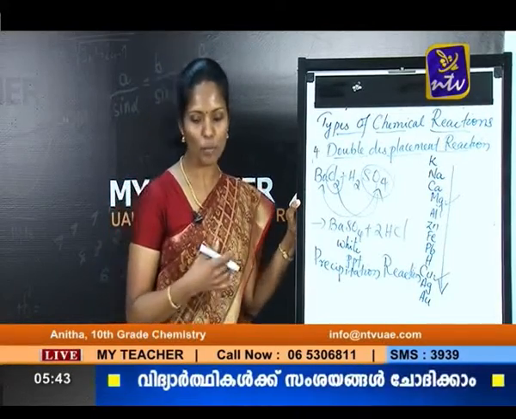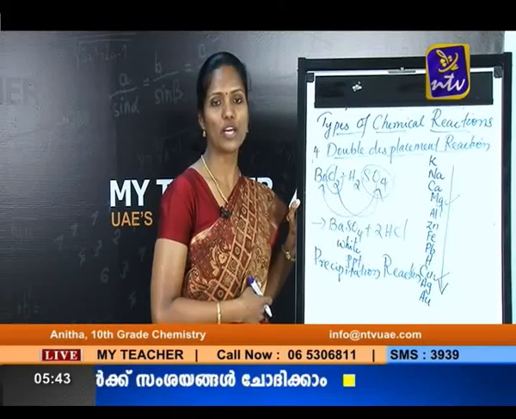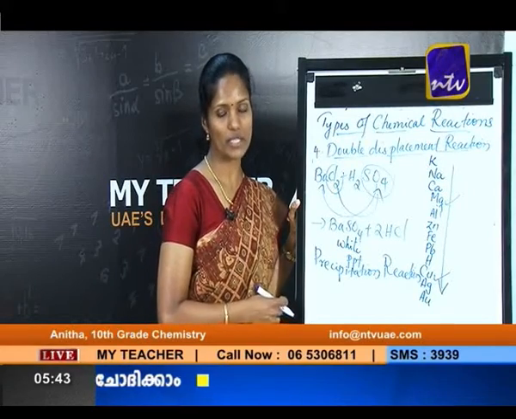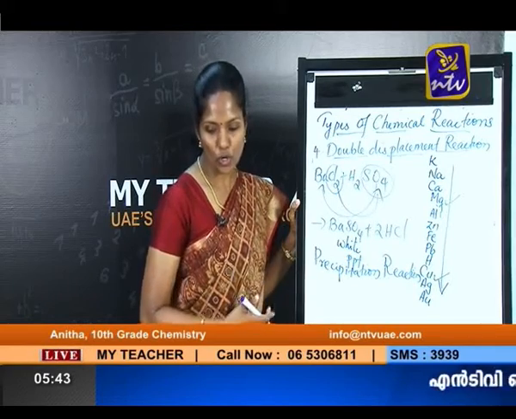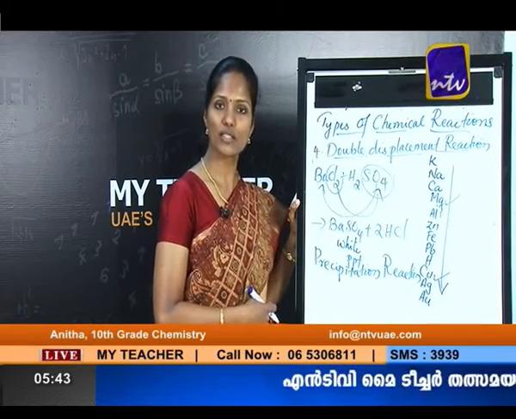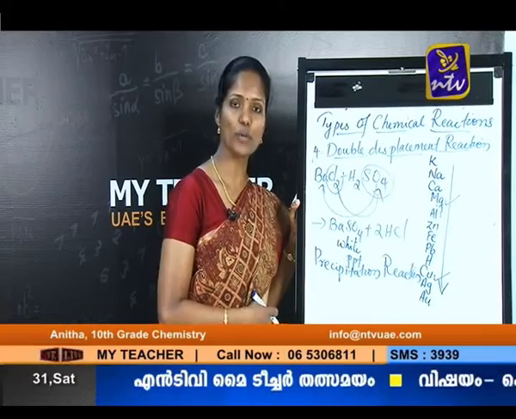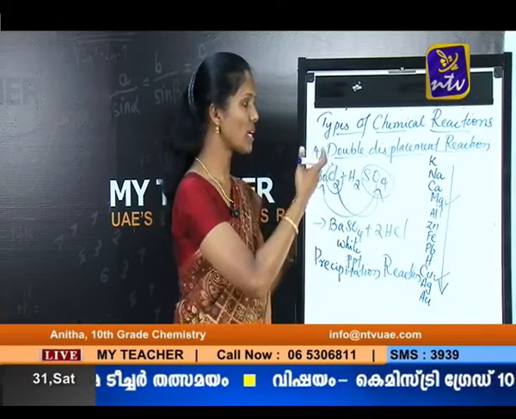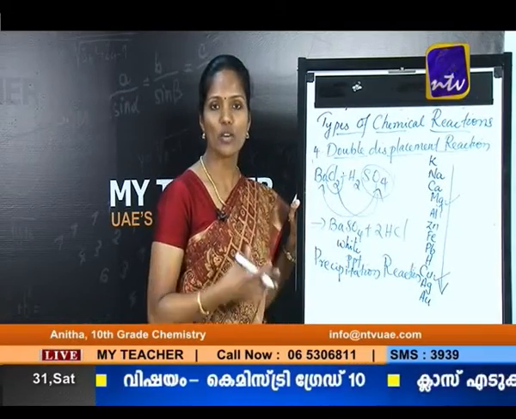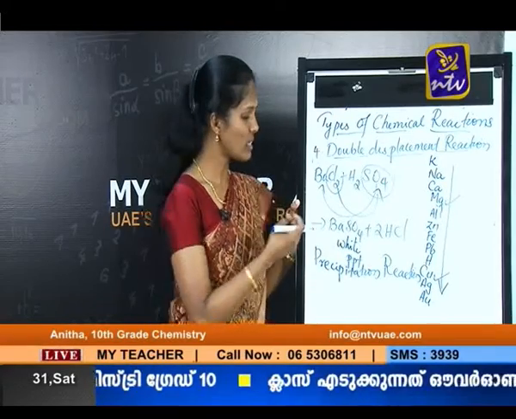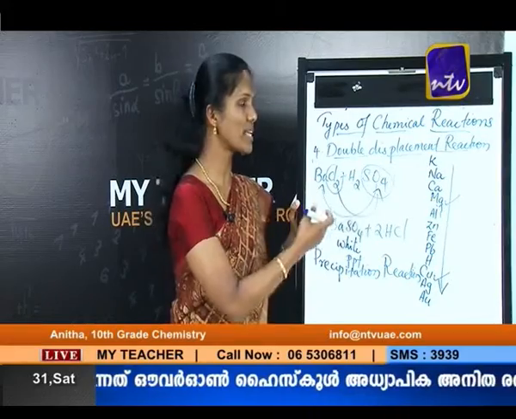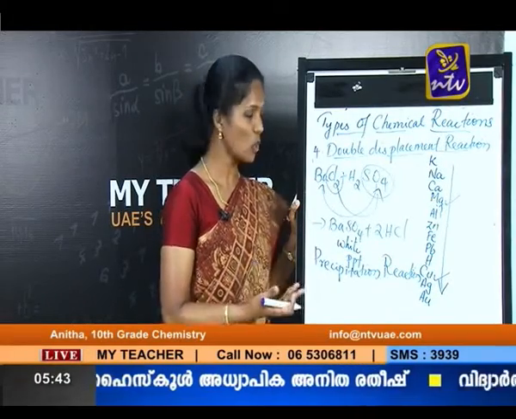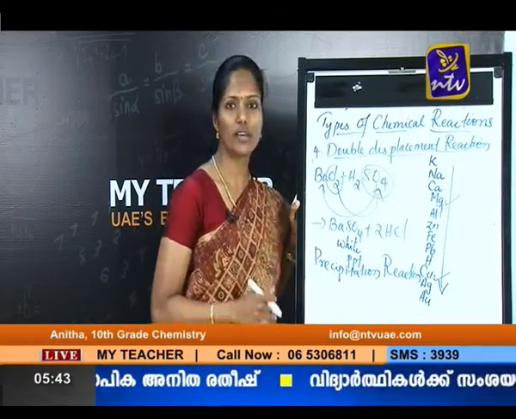If you take copper sulfate and hydrogen sulfide, we get copper sulfide as a black precipitate, and if we take lead nitrate and potassium iodide, we get a yellow precipitate. So, whenever a double displacement reaction is carried out and a precipitate forms, such reactions are called precipitation reactions.